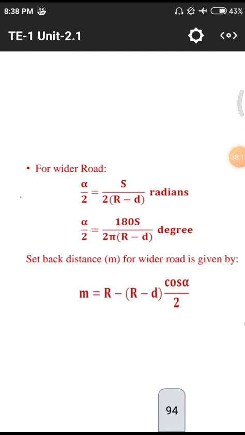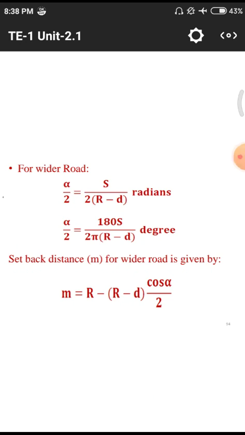Next, for the wider road, alpha by 2 equal to s by 2 of r minus d, in radians. In terms of degrees we multiply by 180 by pi, simply converting radians into degrees. In terms of meters we have the formula m equal to r minus d into cos alpha by 2.